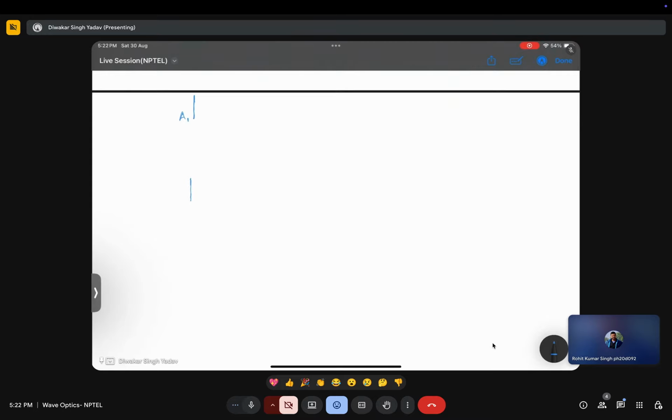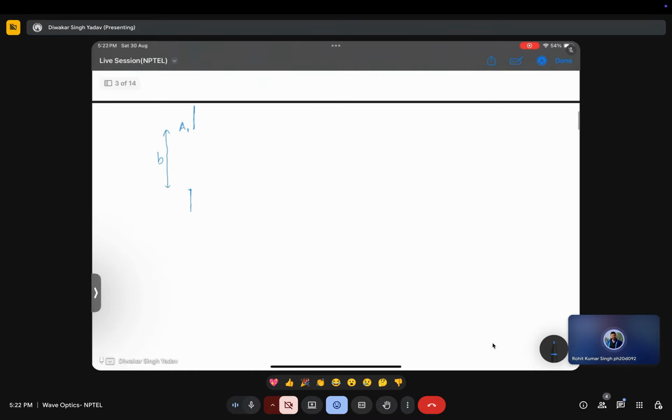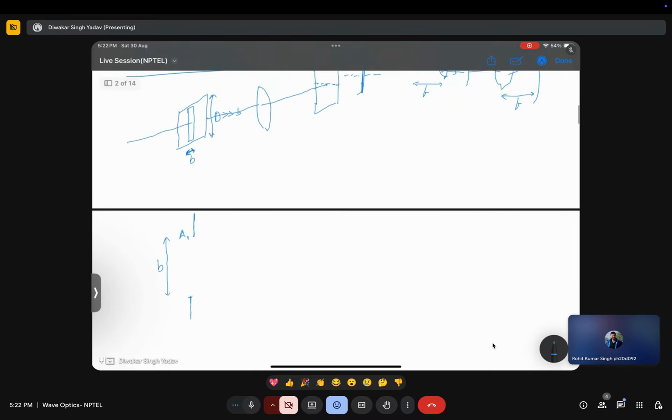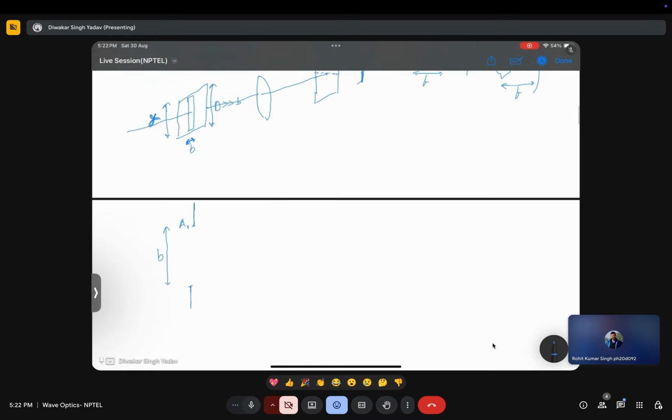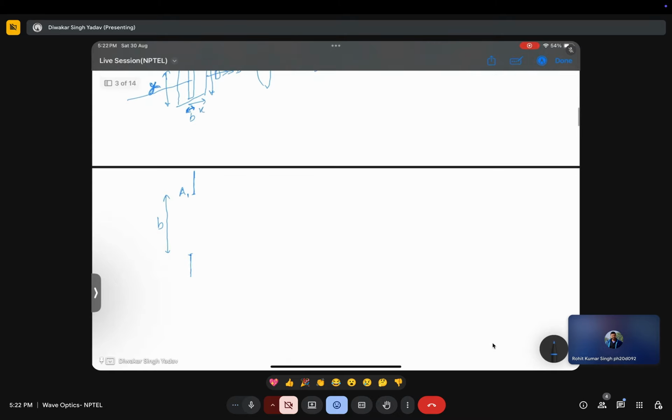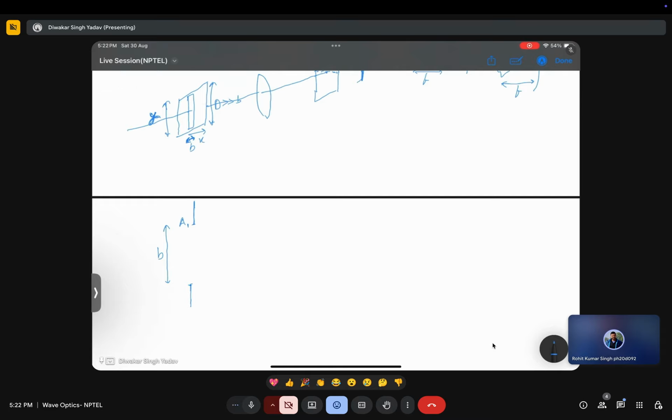This whole distance is b. Suppose this is your x axis, and the y axis here is coming out of the plane. Here I have drawn the x axis, and the y axis is actually coming out of the plane.